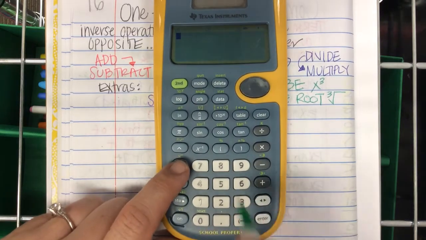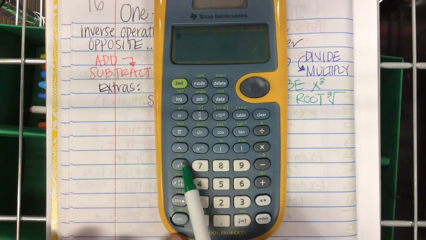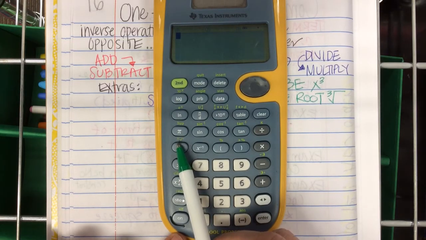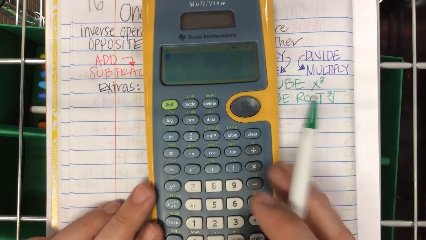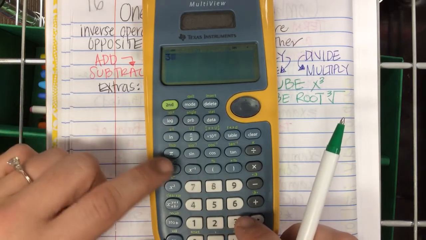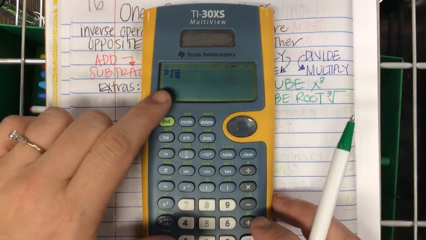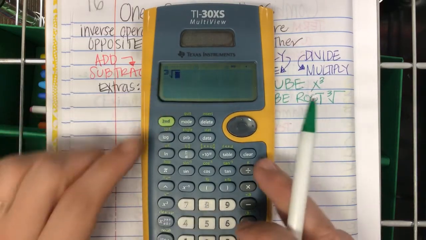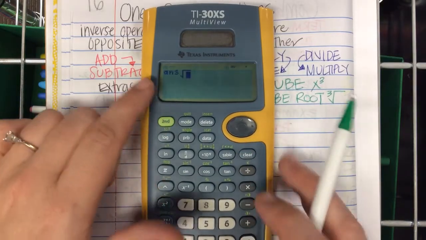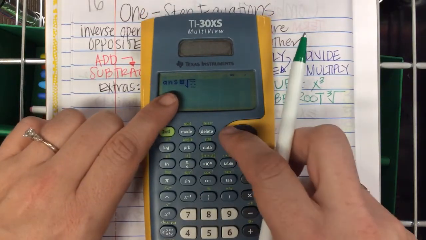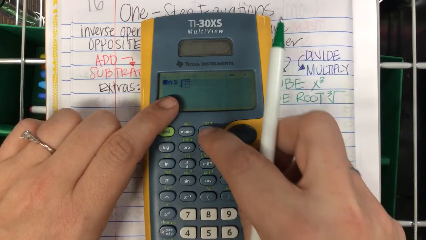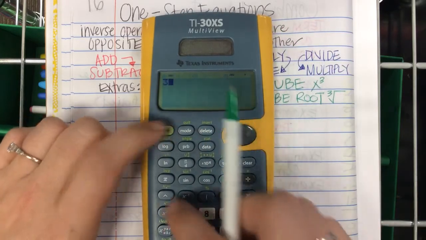See above right here, the squared, there's the square root sign. Right above it is the cube root sign. So if I wanted to do the cube root, see how there's a 3 in front? If I did the cube root, I want a number in front, right? So I want to put 3.